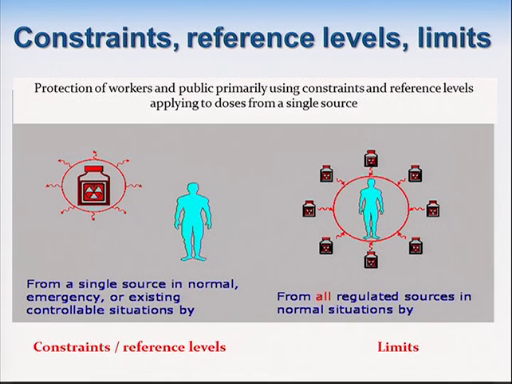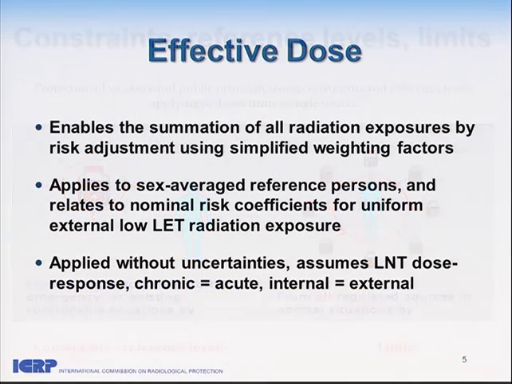So, as Hans said, the system of protection for the control of stochastic risk uses limits, applies constraints, reference levels, and importantly, optimization below constraints and reference levels. For that you need a quantity, and the quantity that is used is effective dose.